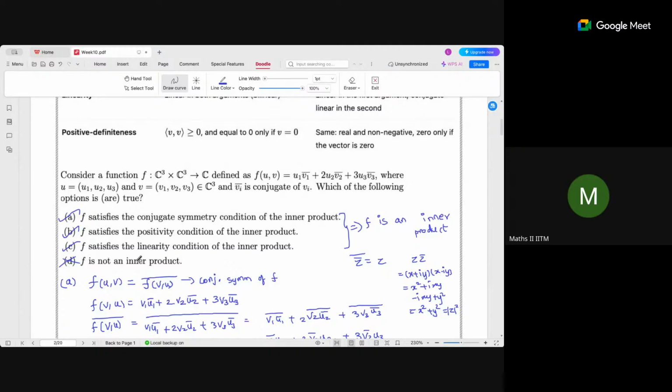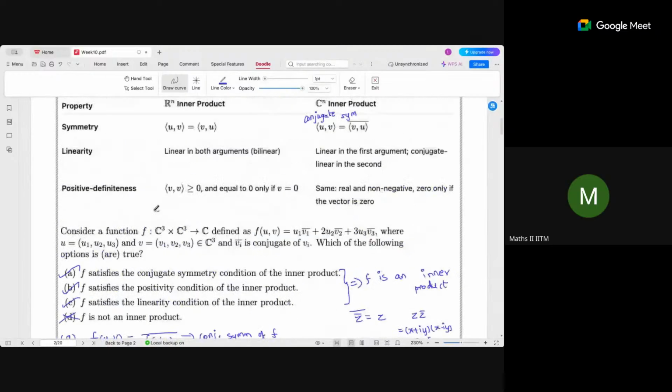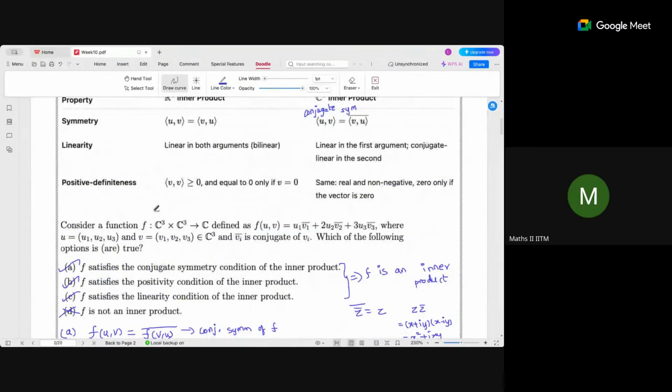Given any function like this, if you are able to verify all three conditions we just verified, then it represents an inner product. Is that clear? Just like linear transformations, where we checked two conditions, the additive property and the scalar multiplication property, similarly for inner products we have to check these three conditions.